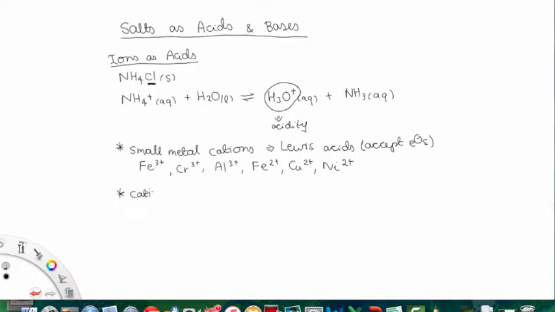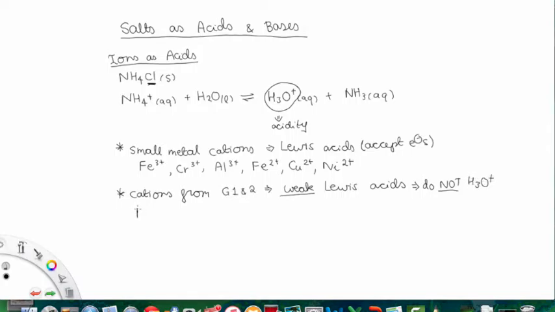So cations from group 1 and 2 are weak Lewis acids, and they do not generate H3O+.